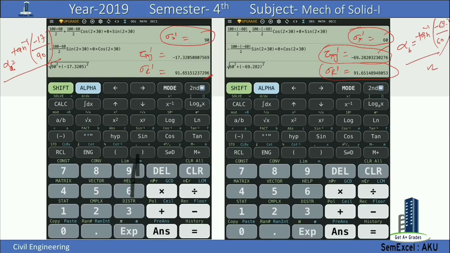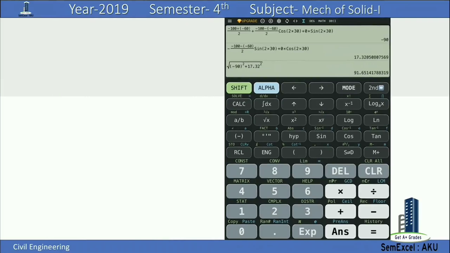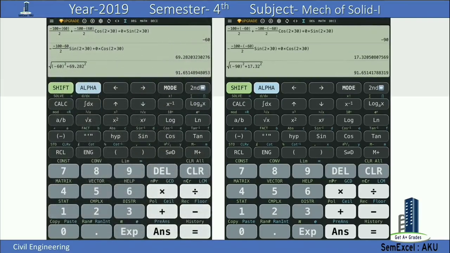Again, for the third question, we have sigma x dash equal to 60, tau xy dash equal to 69.28, and resultant stress sigma r is equal to root under sigma x dash square plus tau xy dash whole square, equal to this one. We can also calculate alpha as tan inverse of 69.28 divided by sigma x dash, minus 60. So whatever value we get will be the answer.